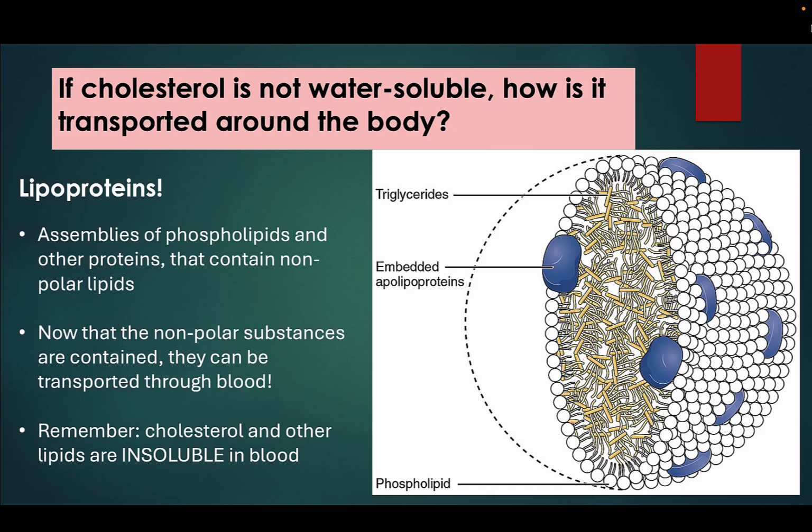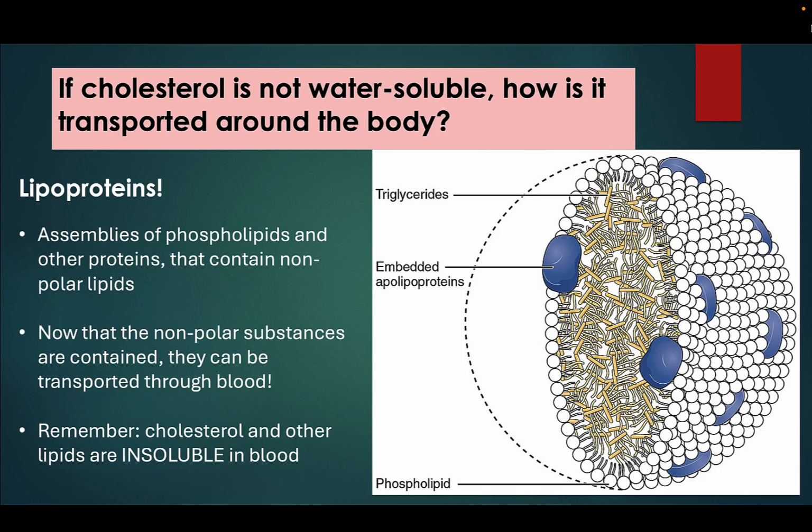So, if it's not water soluble, how is it transported around the body? This is a challenge for all lipids, right? Because lipids are nonpolar, they don't want to just dissolve in blood and allow themselves to be transported around the body. So how do they get transported? This is through lipoproteins, assemblies of phospholipids and other proteins that contain the nonpolar lipids like triglycerides or even cholesterol.